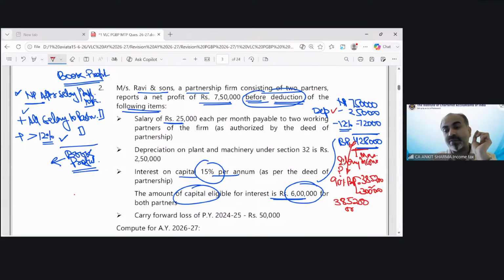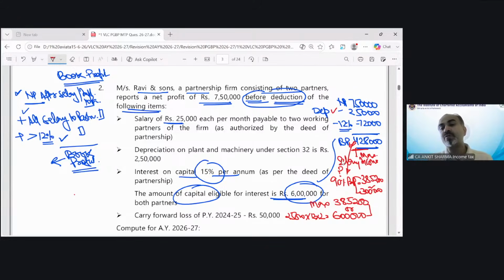For the purpose of allowable salary, now we need to compare this salary with the salary which is as per accounting or as per deed. So as per deed, if you see, the total salary would be 6 lakh rupees. 25,000 into 12 for 2 partners. That would be 6 lakh.